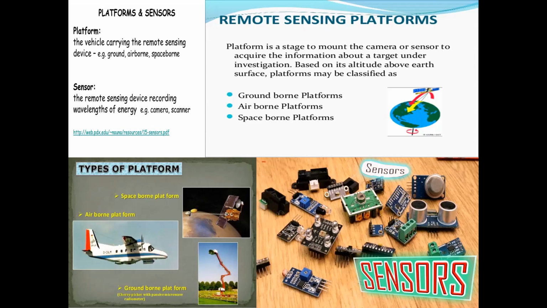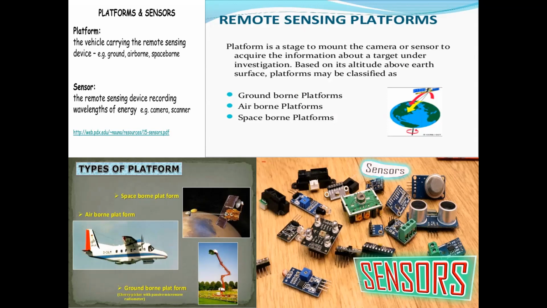This is the main definition for platforms and sensors. Three types of platforms are there: first, ground-borne platforms, airborne platforms, and another one, space-borne platforms. These are the three types of platforms in remote sensing.